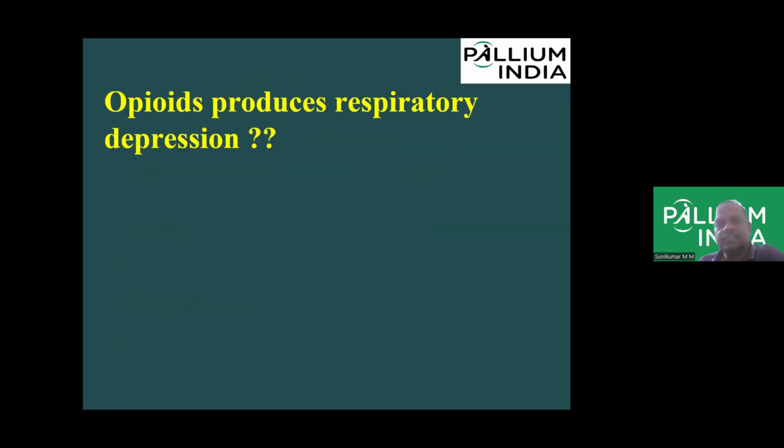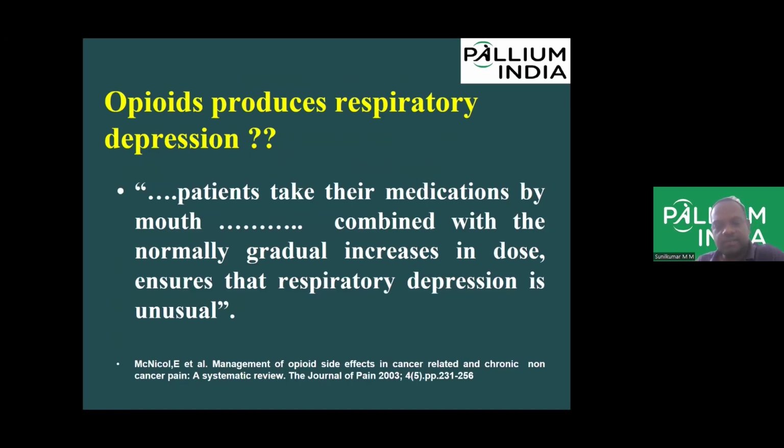So this is another thing which you brought up when I asked about the IV morphine trial, what would be the immediate side effect? So how common is respiratory depression with opioids? This is a systematic review which says most of the patients take opioids orally and the dose is gradually increased, which ensures that respiratory depression is unusual.